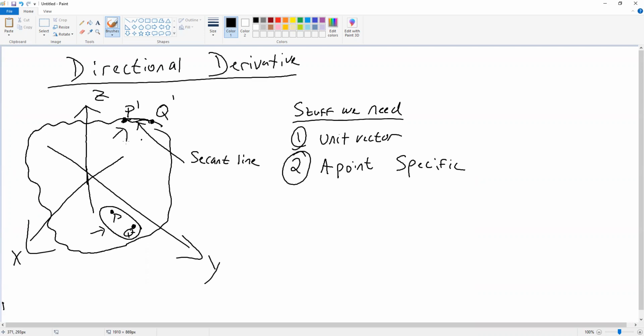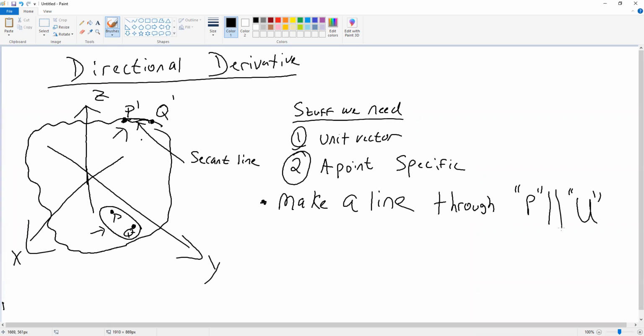That's a good thing. So what we're going to do, we're going to make a line through P. And we're going to make an arbitrary vector, which we're going to call U. We're going to make sure that those two are parallel to each other.